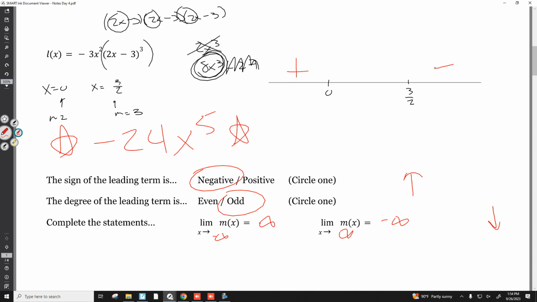Sketch the graph. Sweet. I love our bends.